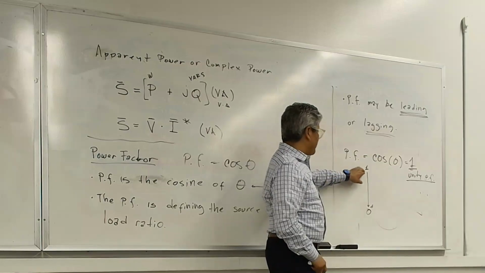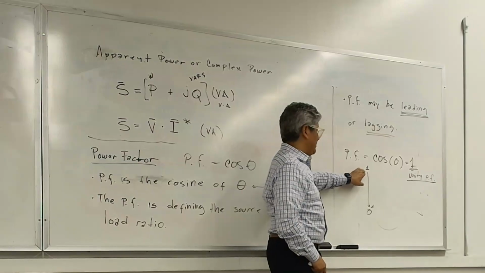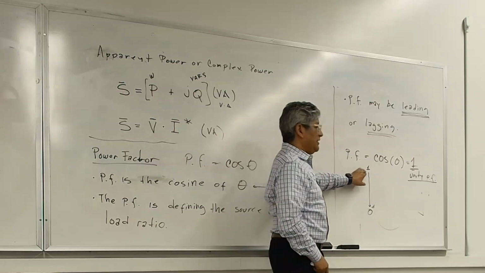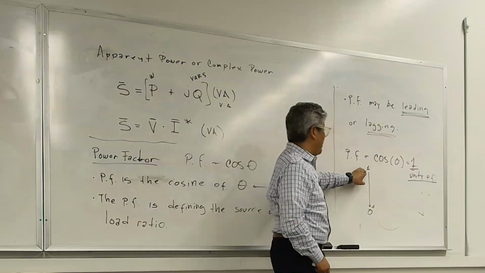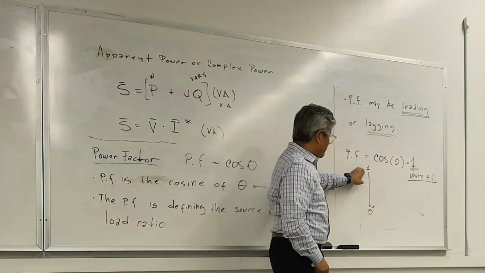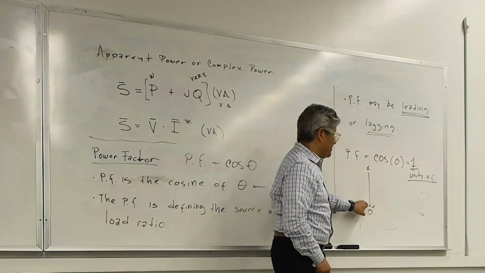So the maximum value that you can get out of it for a power factor is unity power factor. That means that the load is 100% resistive, and the only thing you're consuming is real power. If the power factor decreases, that means that the ratio of real to imaginary power decreases as well.